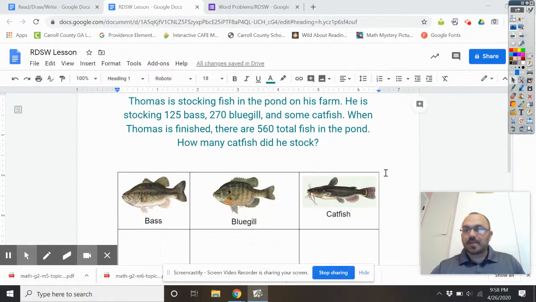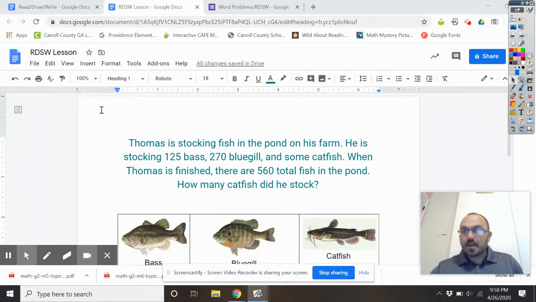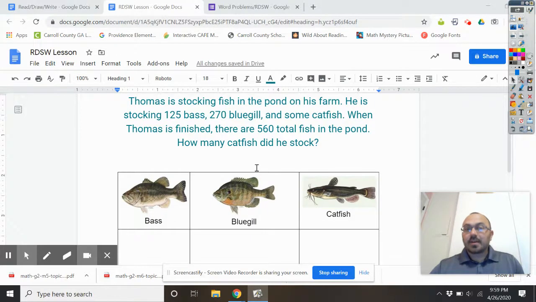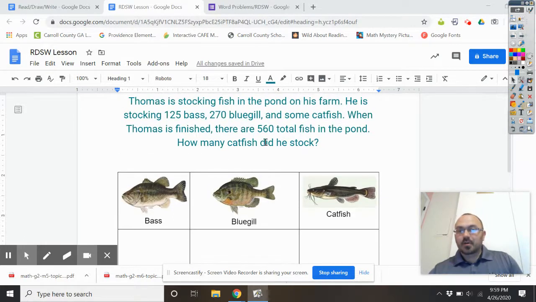So the tape diagram shows bass, bluegill, and catfish, which if you go back to the word problem, bass, bluegill, and catfish. Now, these are real fish that people put or have in ponds. So you can go to any lake or any pond across Georgia and you will see these fish. So let's go in the word problem and look and label our tape diagram. So the first thing is 125 bass.